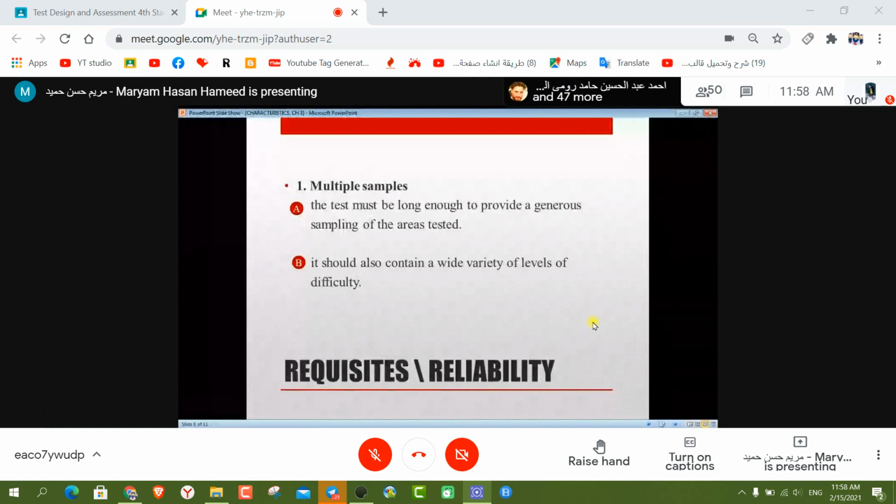Standard conditions. The reliability of the test score can be assured only if all students take the examination under identical conditions. In a listening test, for example, all students must be able to hear the items clearly. Three, standard task. All students must be given the same items or items of equal difficulty.